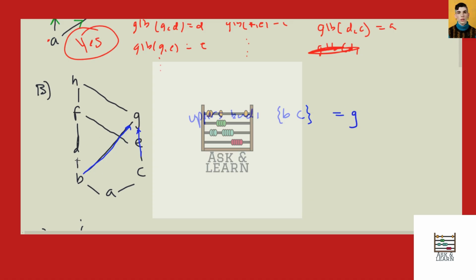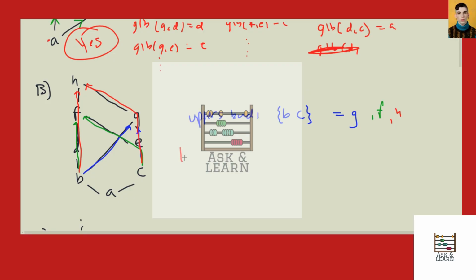We also have F being an upper bound for these. And we also have H being an upper bound for these.